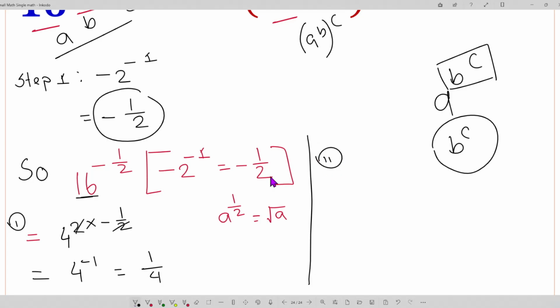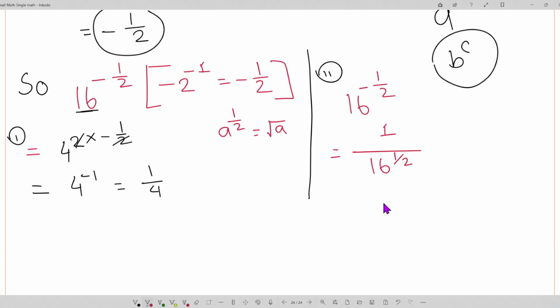Second method. Look, 16 to the power minus 1 by 2. This is a negative exponent, so we can write 1 divided by 16 to the power 1 by 2, which is 1 by root 16.